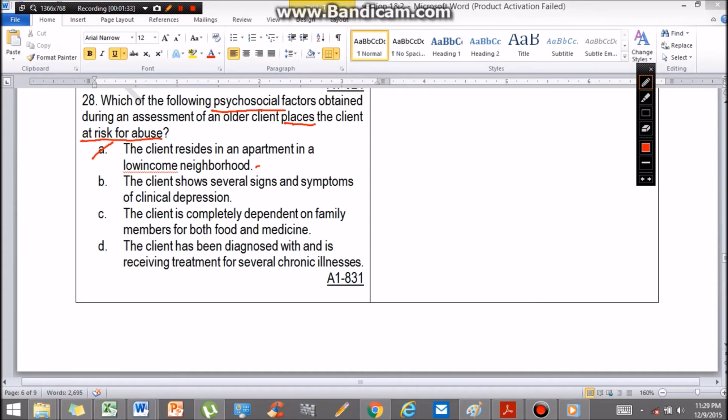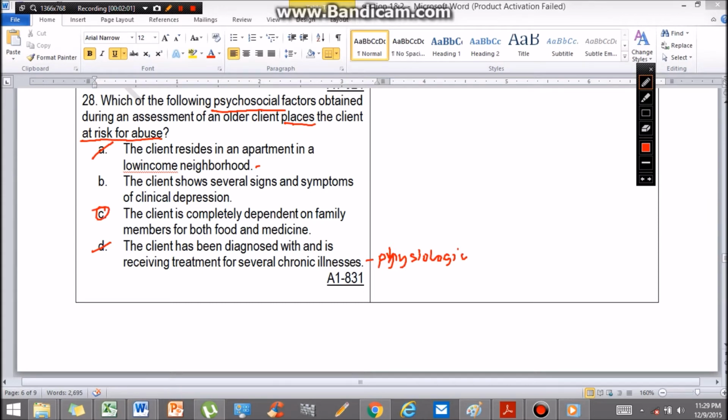B. Client shows several signs and symptoms of clinical depression. C. Client is completely dependent on a family member for both food and medicine. Or D. Client has been diagnosed with and is receiving treatment for several chronic illnesses. Eliminate because this is not psychosocial, this is physiologic. So between B and C, the answer here is letter C.